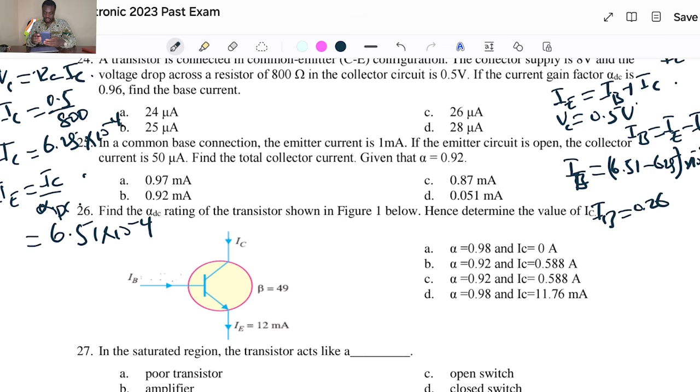Okay, let me see. We have 0.5 divided by 800, divided by 0.96. So we get 0.26 times 10 to the power minus 4.